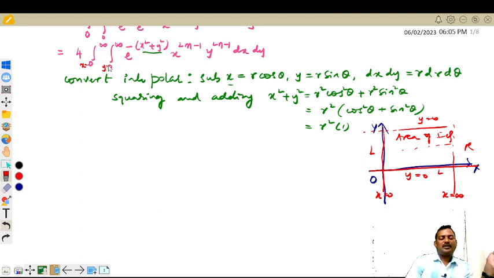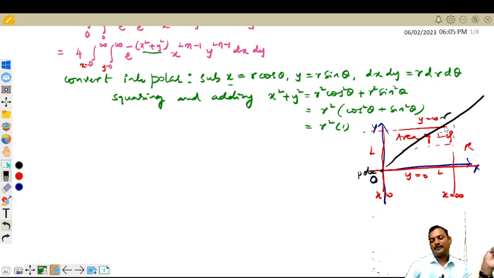Now we are going to convert in terms of polar form. As you know, in polar form, this origin becomes a pole, student. Origin becomes a pole, and this will become a radius vector r. So it is moving continuously because we need to calculate the first quadrant.